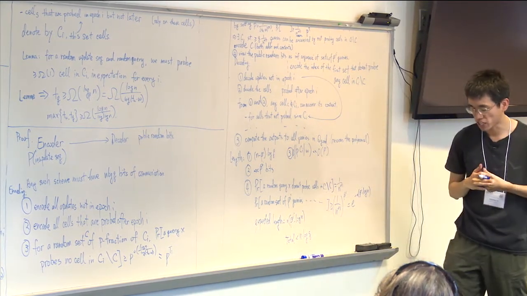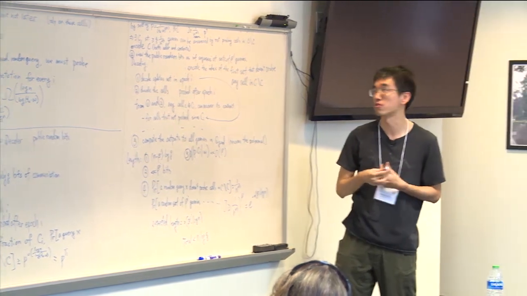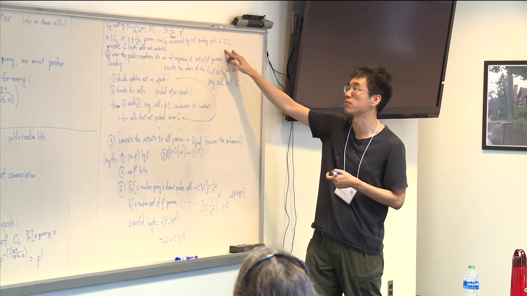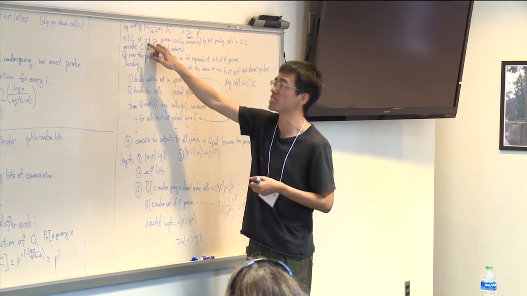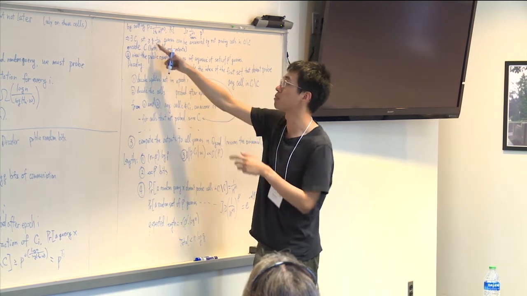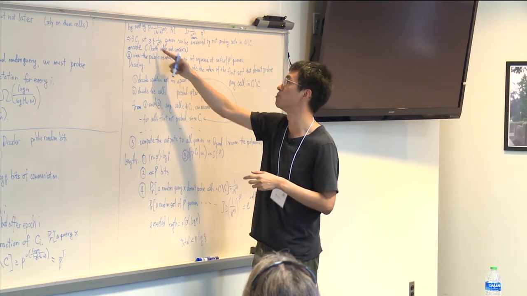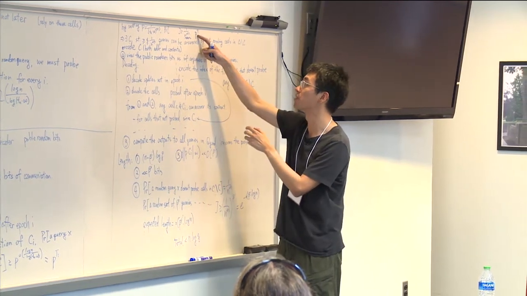And in order to get a contradiction, we want sufficiently many queries to be answerable by not probing the unsampled cells. So that means we want this number to be greater than n in particular. Because q is something polynomial in n, this also can be at most polynomial.